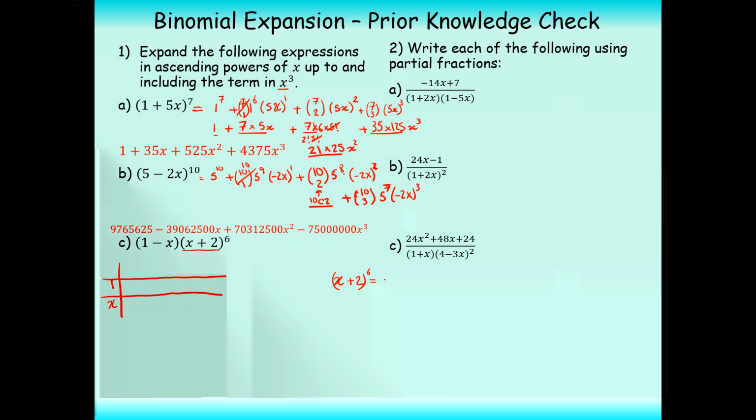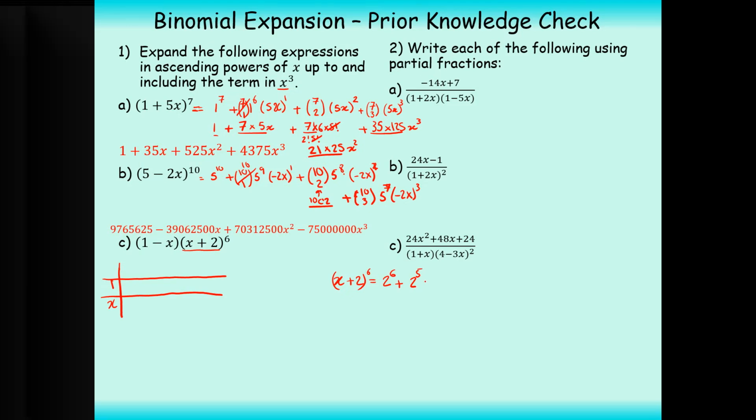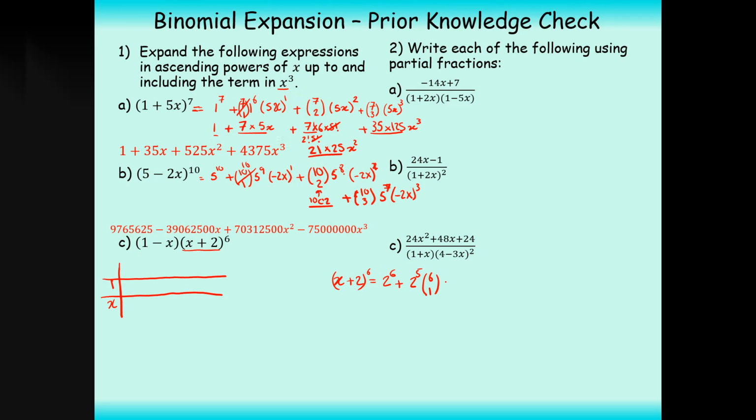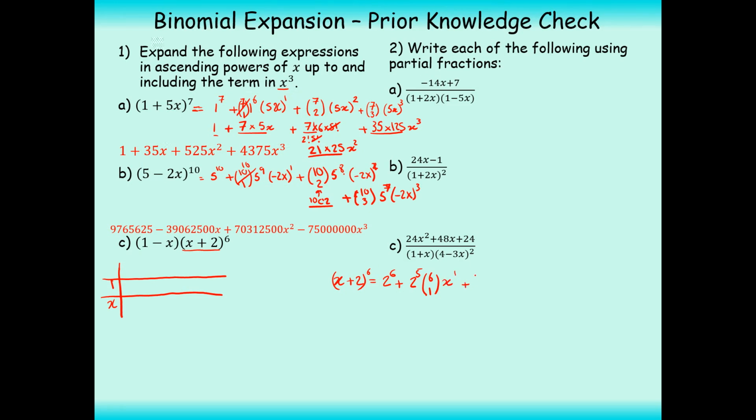So we'll have 2 raised to the power of 6, and then 2 raised to the power of 5, not forgetting the binomial coefficient, 6 choose 1, and x raised to the power of 1. Then it's best to write the binomial coefficient first, and then 2 raised to the power of 4 and x squared.